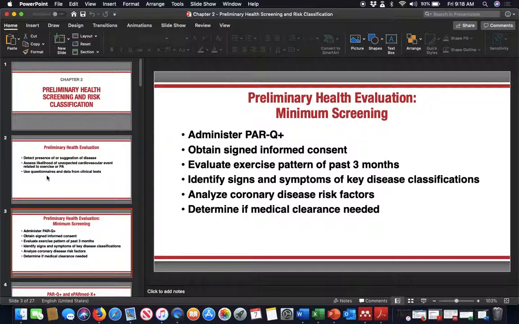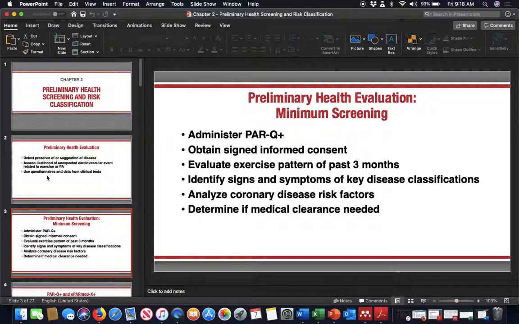All right. So with minimum screenings, and we've kind of hit on this in class a little bit, if you administer the PAR-Q, now they have a PAR-Q Plus that has the 7 additional yes and no questions, which is what we used to see as just a regular base.